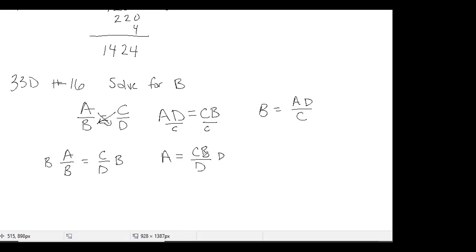So I'm going to multiply both sides by D, and I would have AD is equal to CB. And really, that's all we did. It was cross multiplying here. And then if I want B by itself, I divide both sides by C, and I would have AD over C is equal to B. So even though we don't have numbers, we still do our algebra the same way.